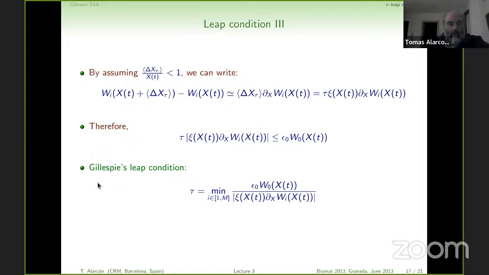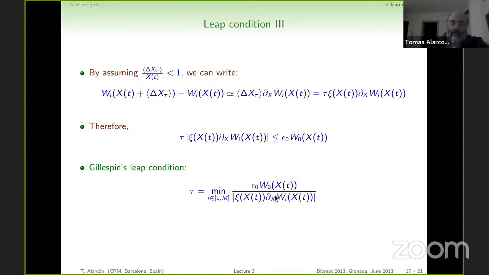And Gillespie's leap condition is that we take the minimum of all this. So this still depends on i. We pass this to the other side, and we choose tau so that this is the minimum. This is how we choose tau. So at each time step, we need to use this formula.